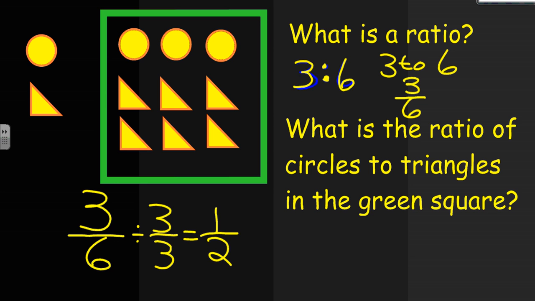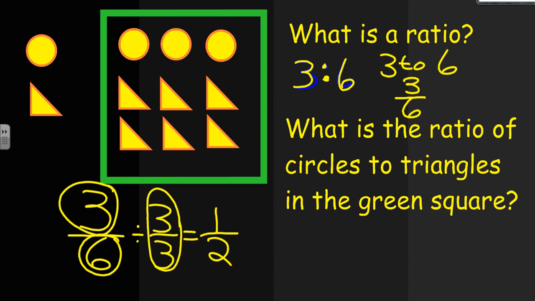Now, with a ratio, we don't call this the numerator and we don't call this the denominator. It's just a term that represents something else. So we're not going to divide the numerator, but we're going to divide one term and the other term by the same number in order to simplify a ratio. This is called an equivalent ratio.